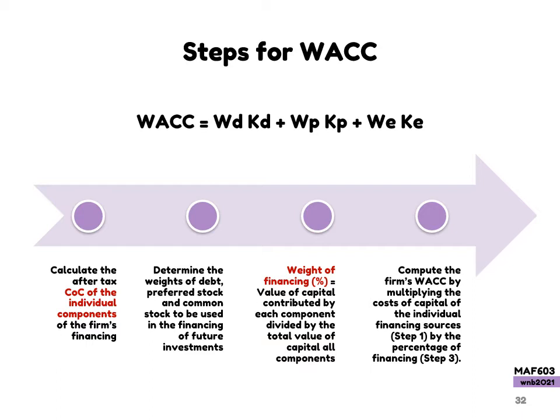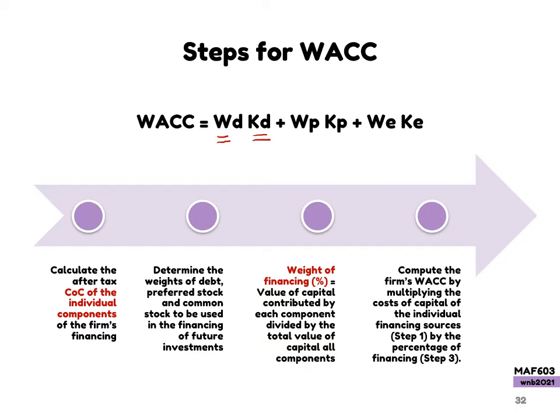Looking at the formula, by now you know that in order to find WACC, there are two important things that you need to know. First, the weight of financing for each individual component, as well as the cost of capital for each one of them. You need to know the KD, KP, and KE, as well as the weight of financing.